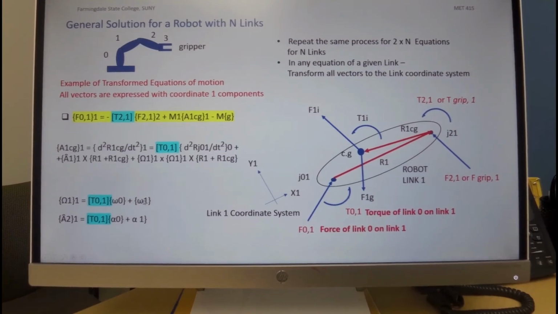Remember, theta 1 was the angular rotation of coordinate system 1 with respect to 0. So omega 1 is a relative angular velocity. So we have to take this omega 0, which was probably conveniently represented in coordinate system 0, and hit it with the transformation matrix from coordinate system 0 to 1. And similarly, we'll have to do it.